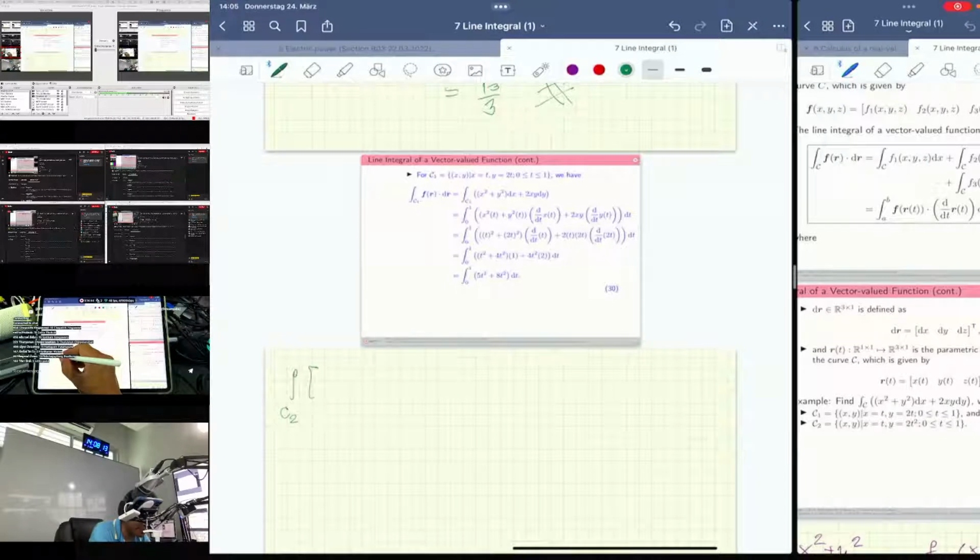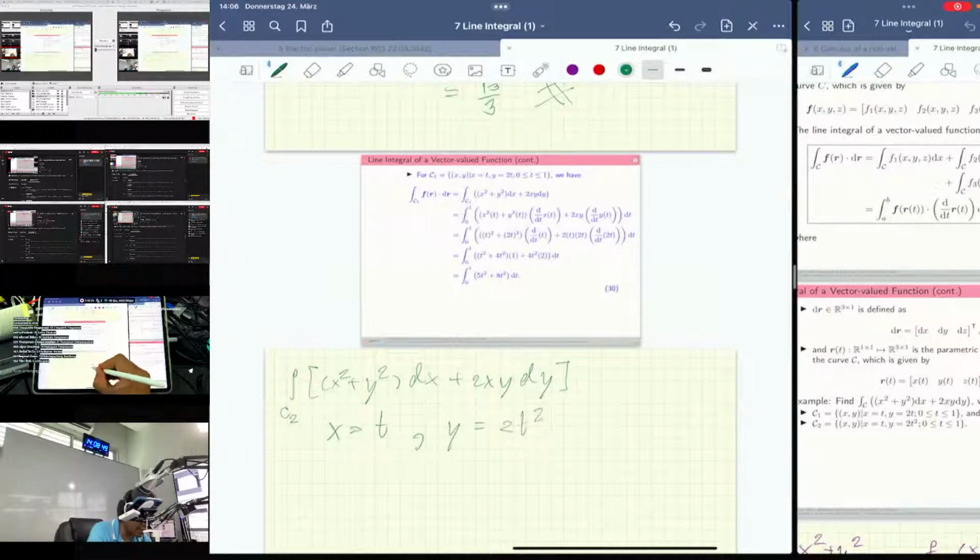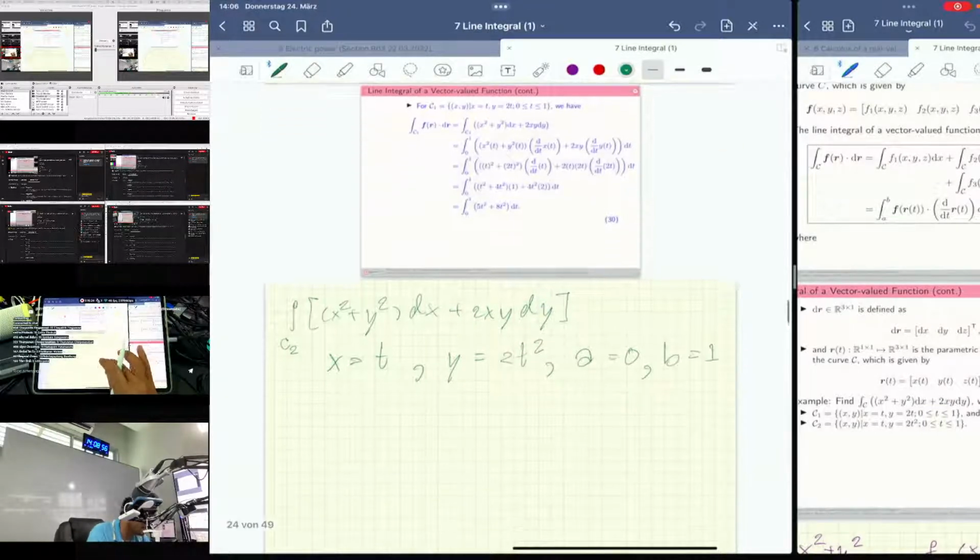We're gonna have here x squared plus y squared dx plus 2xy dy. What is that, right? So we're gonna have here, and of course, x is t and y is 2t squared. A is 0, b is number 1, right?